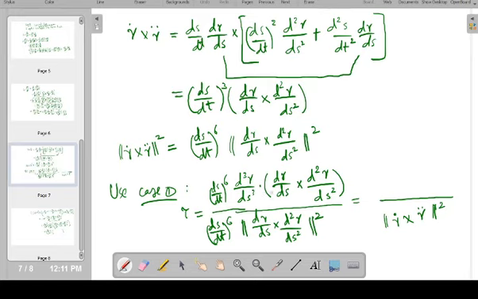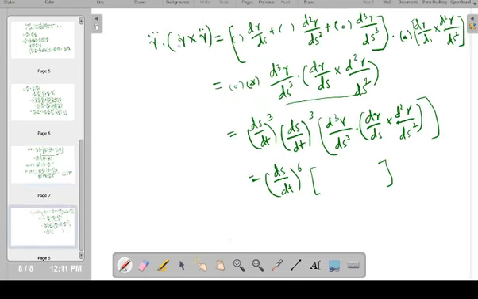This is precisely what we have computed: gamma triple dot inner product with gamma dot cross gamma double dot.